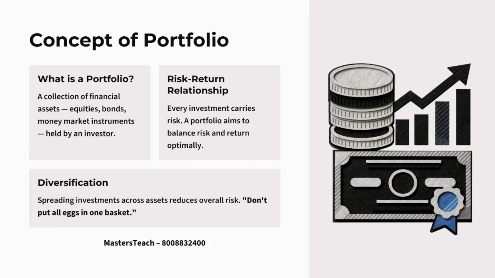Okay, what is diversification? So, for example, you have 1 lakh rupees. You should not put all the things in share market. However, you have to divide that 1 lakh in different investment instruments, like put 20% in stock market, 20% in fixed deposit, 20% in gold, 20% in real estate.